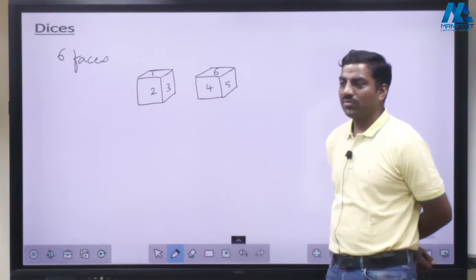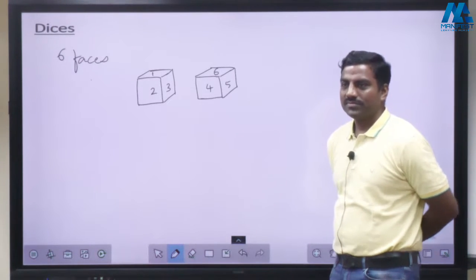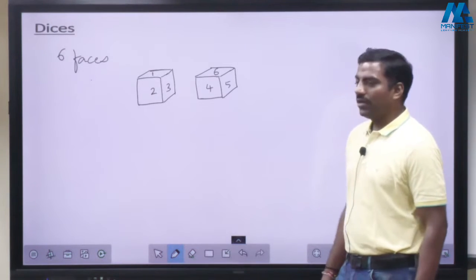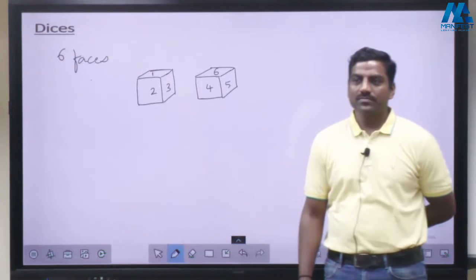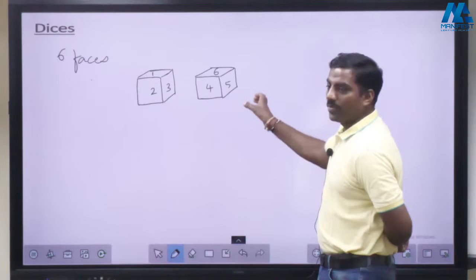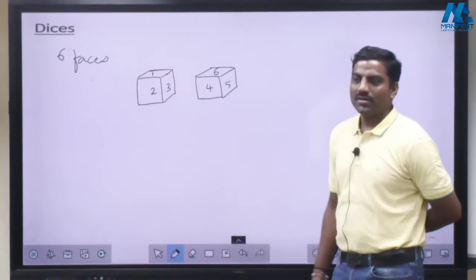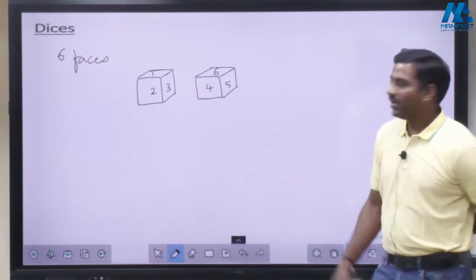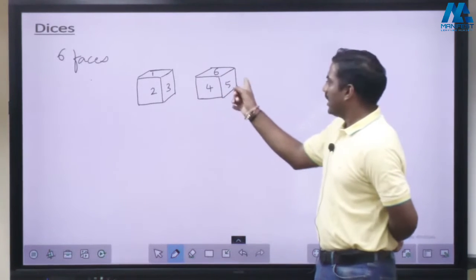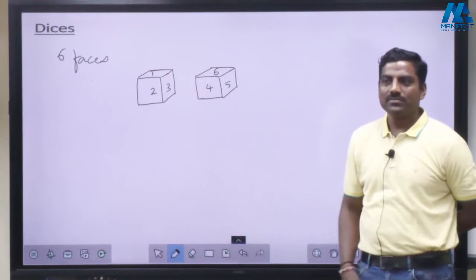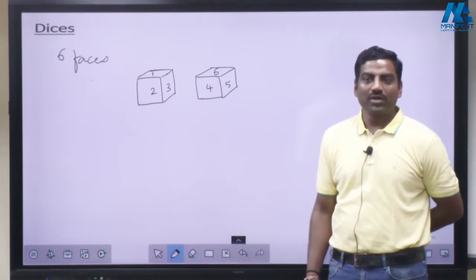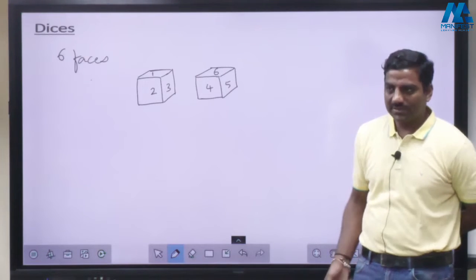I can make, no? Can't I make 1 opposite of 5? I can make 4 also opposite of 1. I can make 6 also opposite of 1. You cannot conclude anything from this.